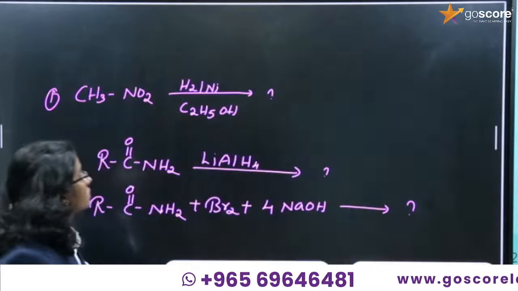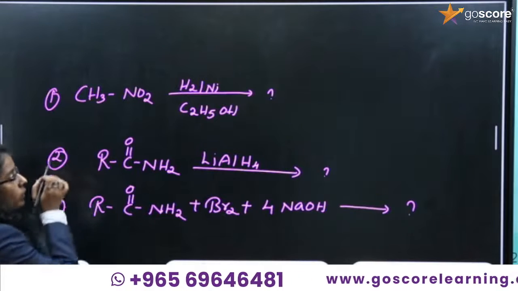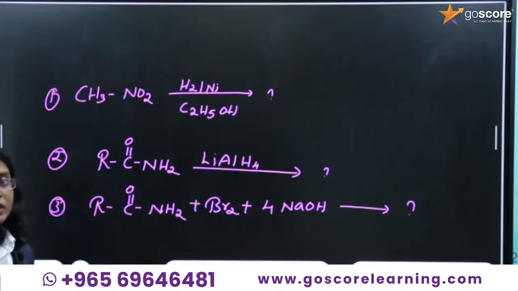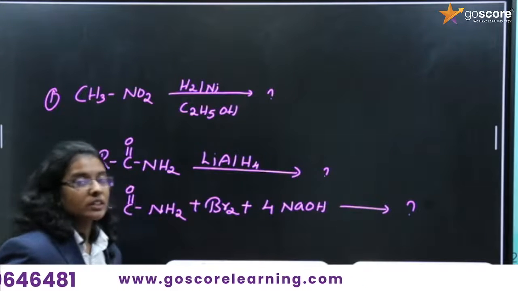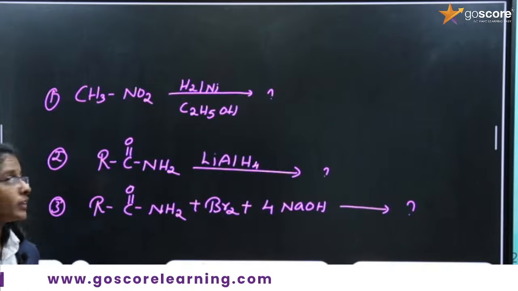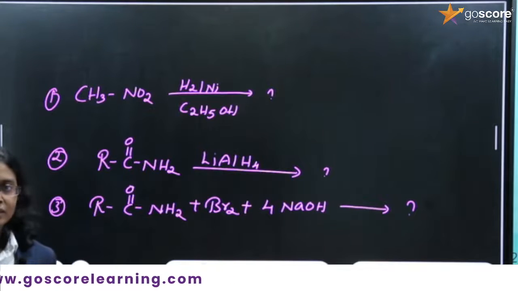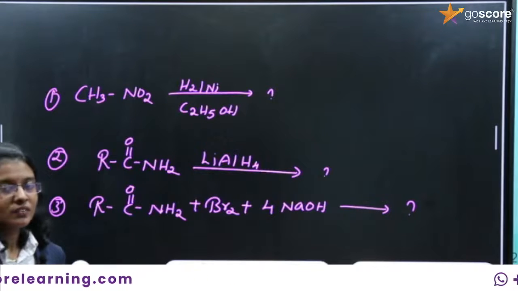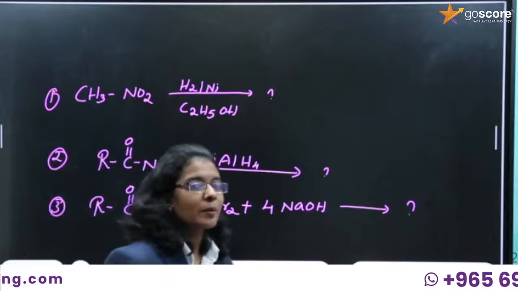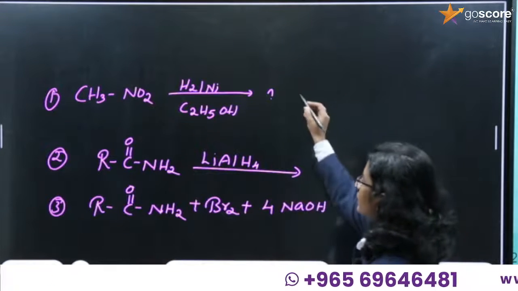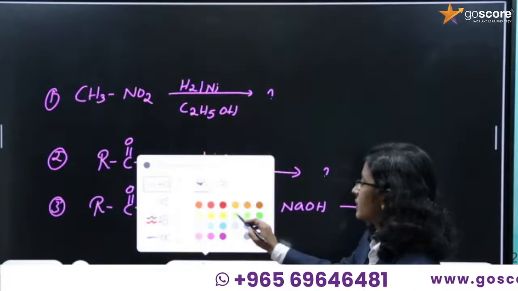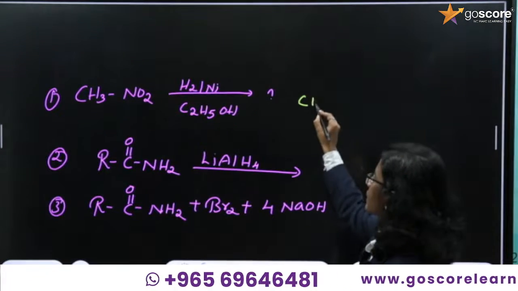On looking at the first question, you understand that this is a reduction of nitro compound. The nitro compound will reduce to what? We are discussing amine, so the product will be an amine group.